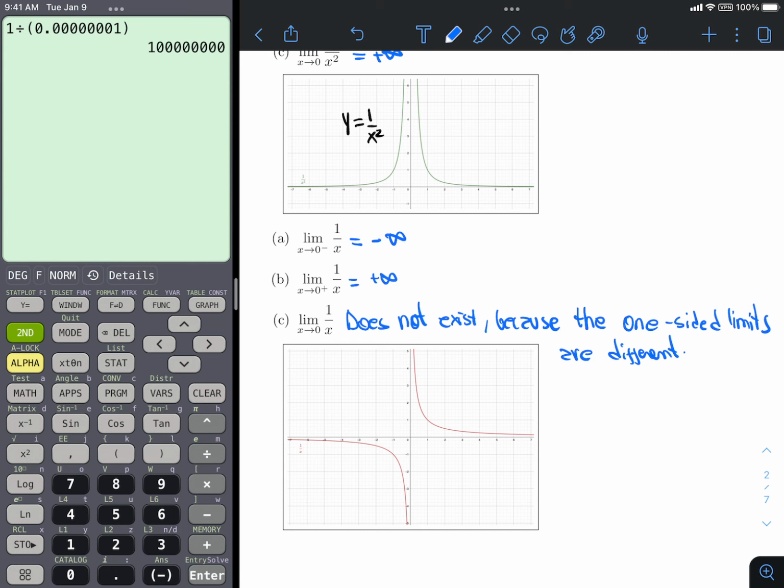This is still technically true, but we use this notation. It is an abuse of notation to say that the y value is getting very, very large and negative, and this is actually what's happening on that side. When x is less than 0, the y value is getting larger and larger towards the negative side. And when x is very, very close to 0 but bigger, the y value is getting larger and larger but positive. So I hope this explained what infinite limits are all about.